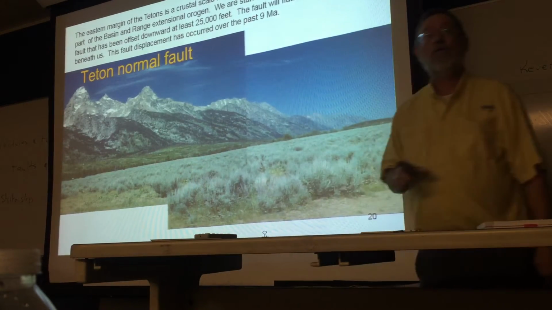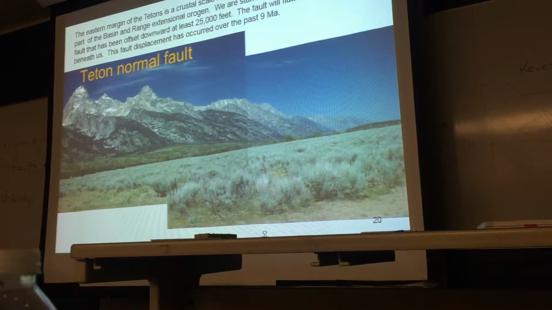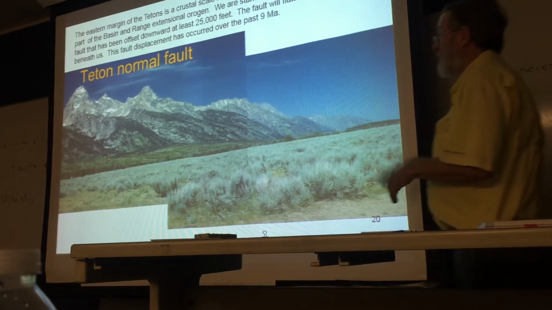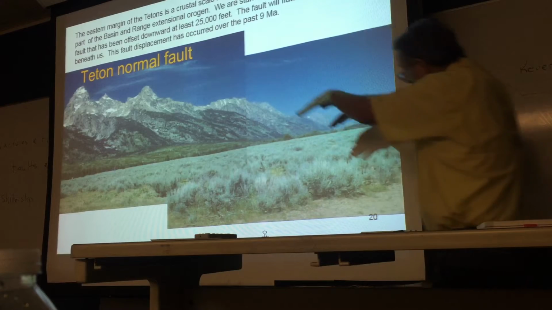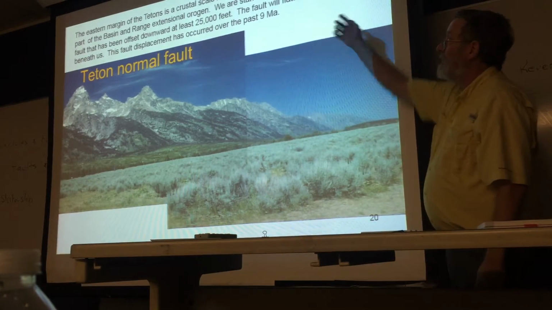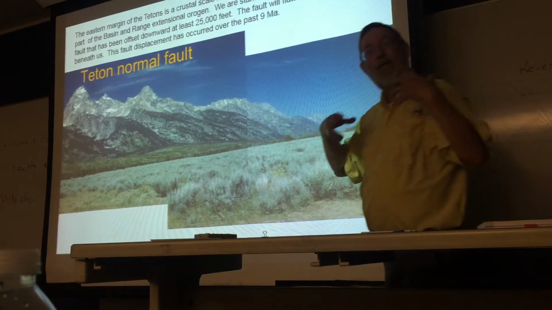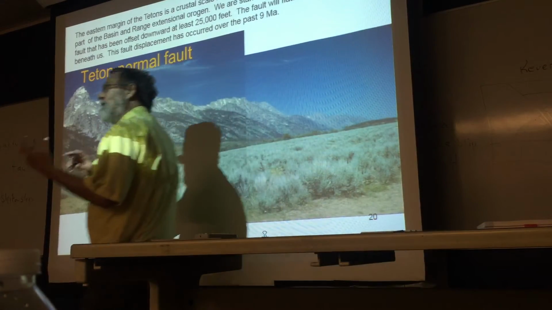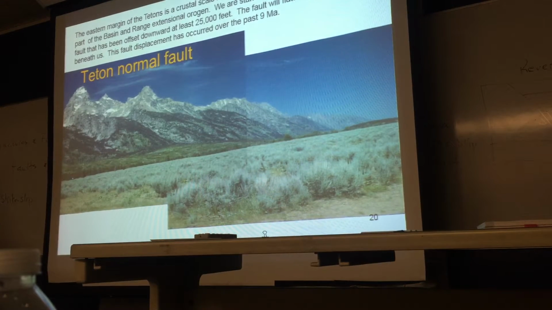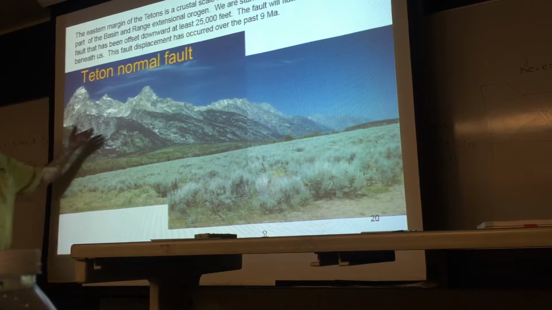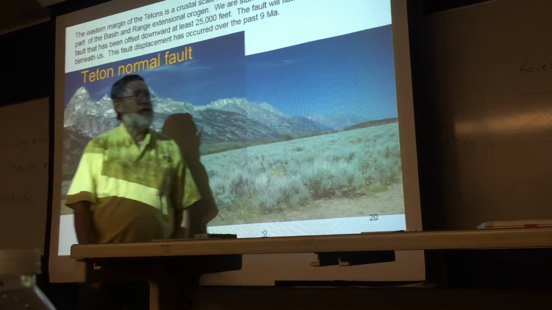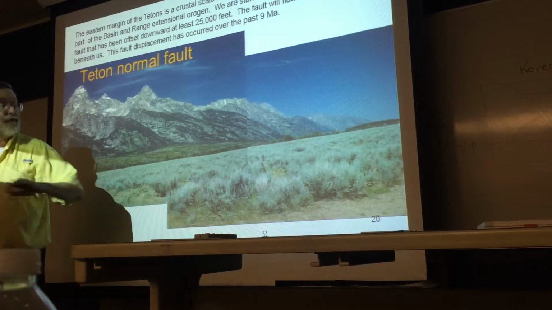This is a normal fault. This is a large scale normal fault system. Where we are, we've had about 25,000 feet of vertical displacement on this particular normal fault.